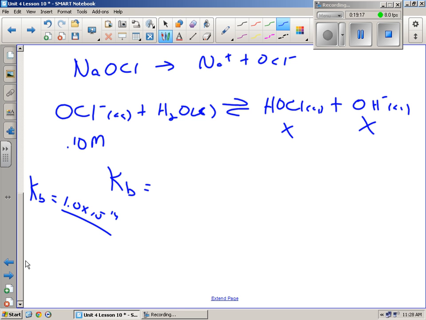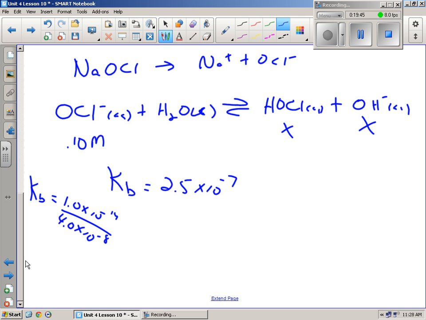So HOCl, let's see. 4.0 times 10 to the negative 8. Yes? Okay. So let's divide those two. 1 times 10 to the negative 14 over 4 times 10 to the negative 8, and I get 2.5 times 10 to the negative 7. That is the Kb value.